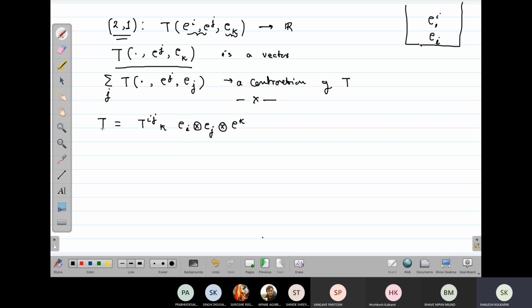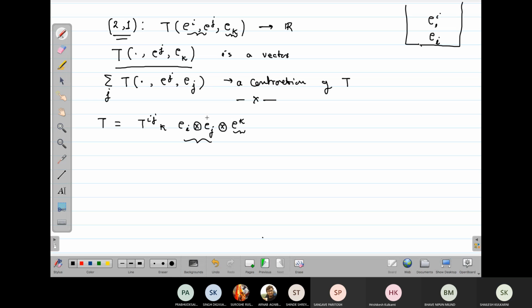So I express this tensor T in terms of the direct product basis. These are usual basis and this is dual basis. Remember, here I am acting T on this, so these are dual basis and this is usual basis. Here I am expressing T as a linear combination of direct product basis.